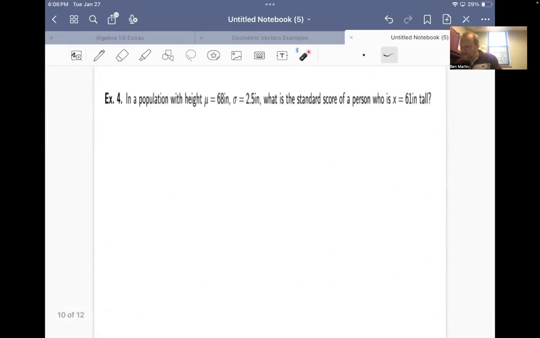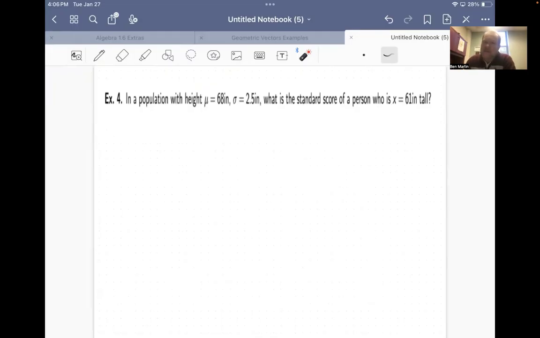And then, okay. Our next bit here is looking at a population with height. In a population with height, mu equals 68 inches and sigma equals 2.5 inches. If I remember correctly, that was around 2015 or 2020, the average height for American males, and the standard deviation, I think, is right, but I might not be right.